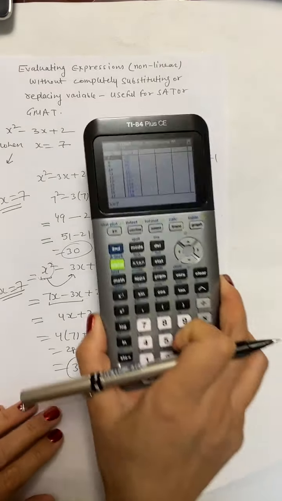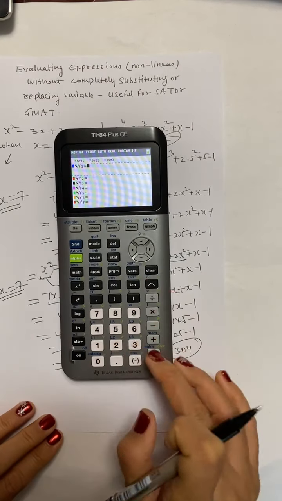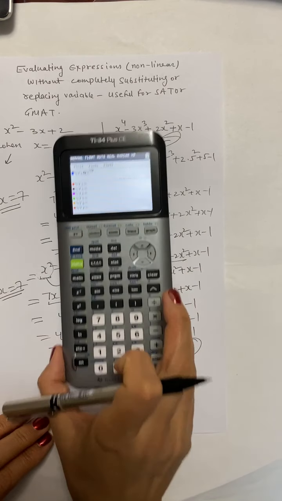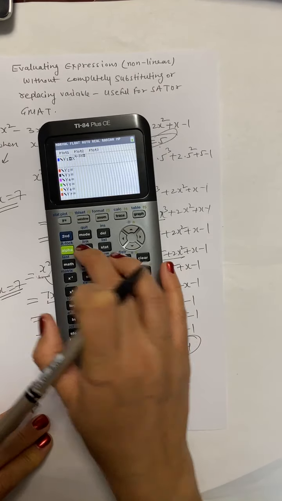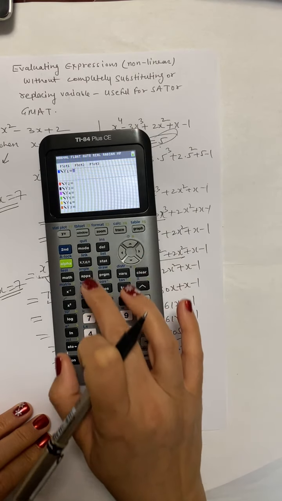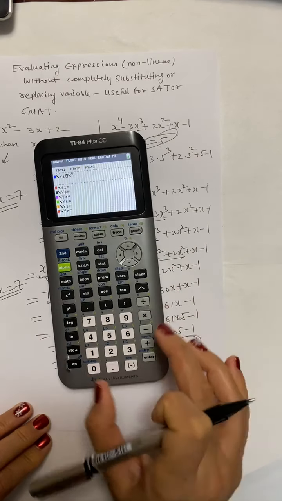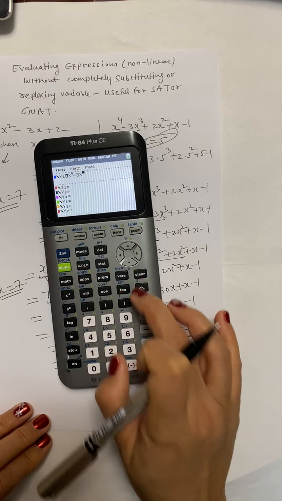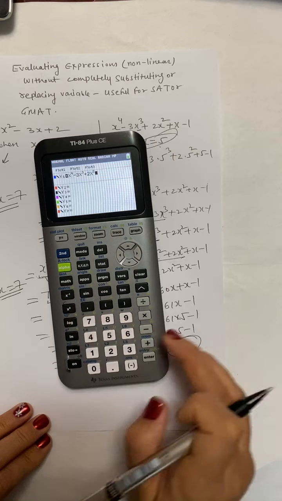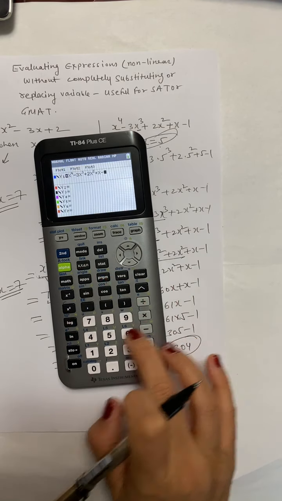And now we are going to check it. Let's check using the calculator here. So the equation is x to the power of 4 minus 3x to the power of 3 plus 2x squared plus x minus 1.